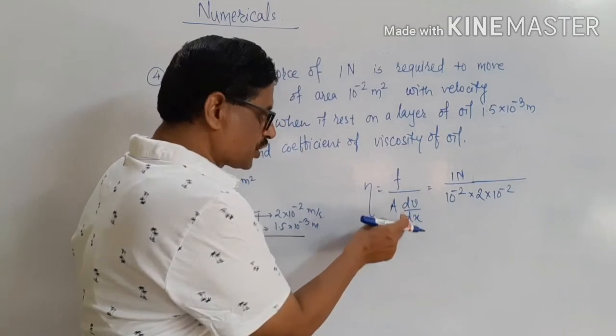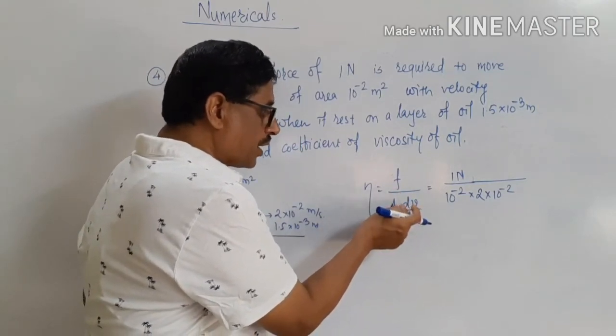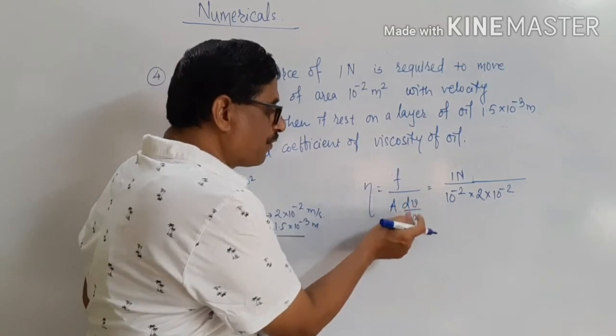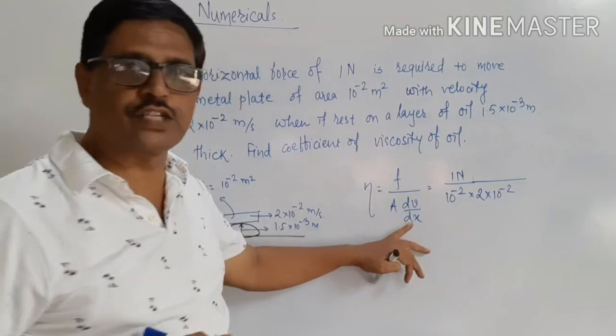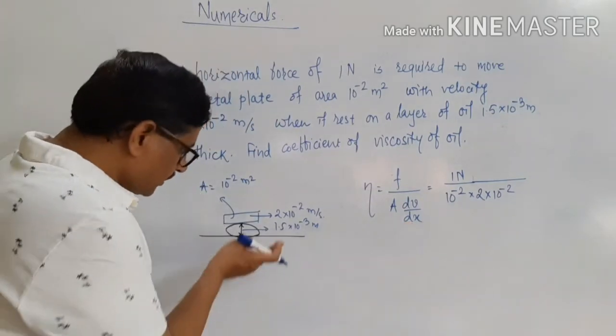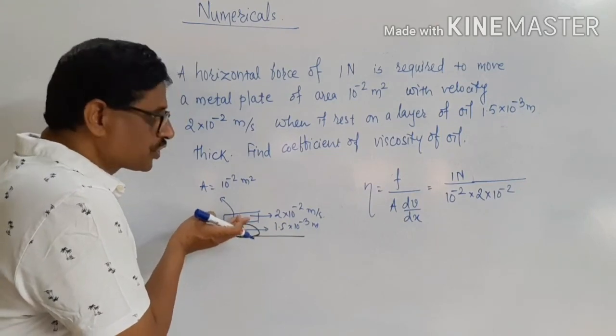Actually this term is the velocity gradient. It is the rate at which the liquid flows with respect to the distance measured from the stationary layer. This is the stationary plate, and this is the distance.